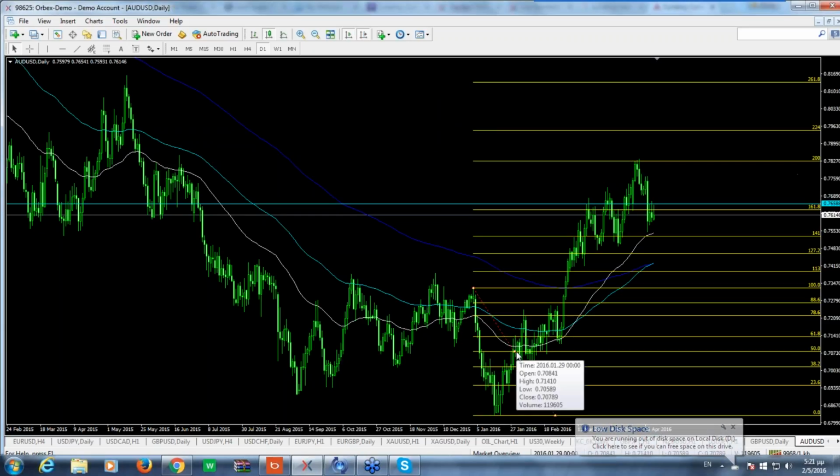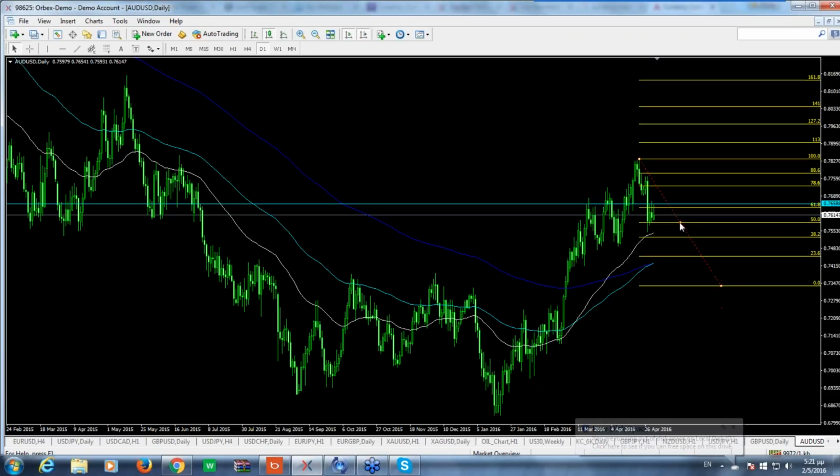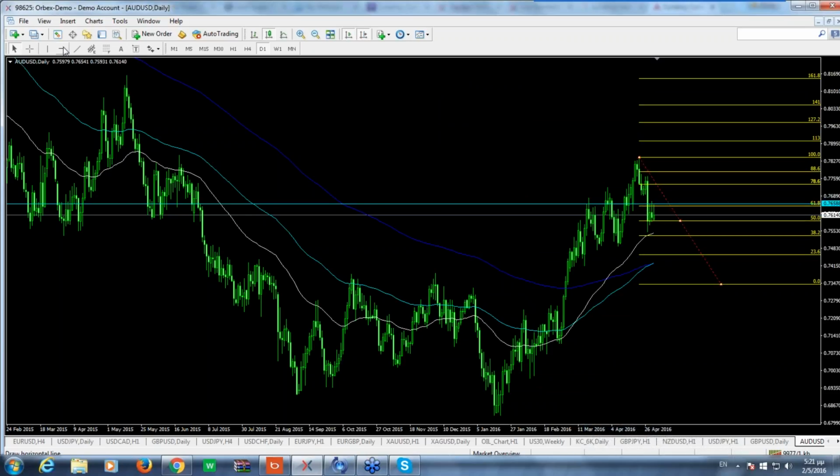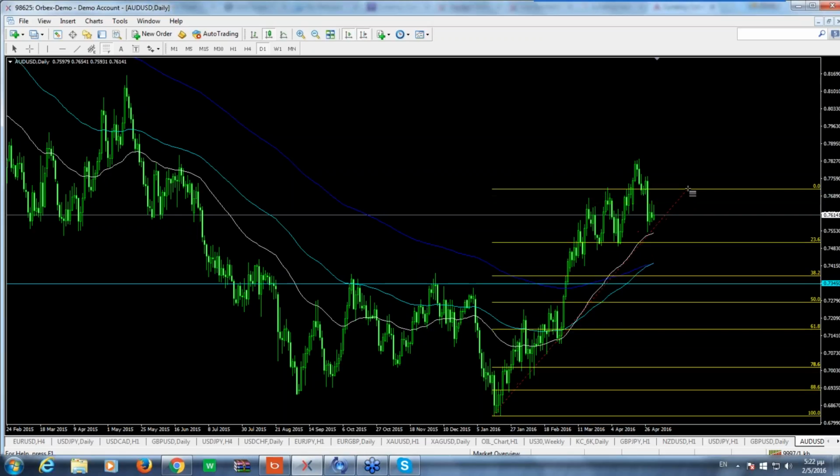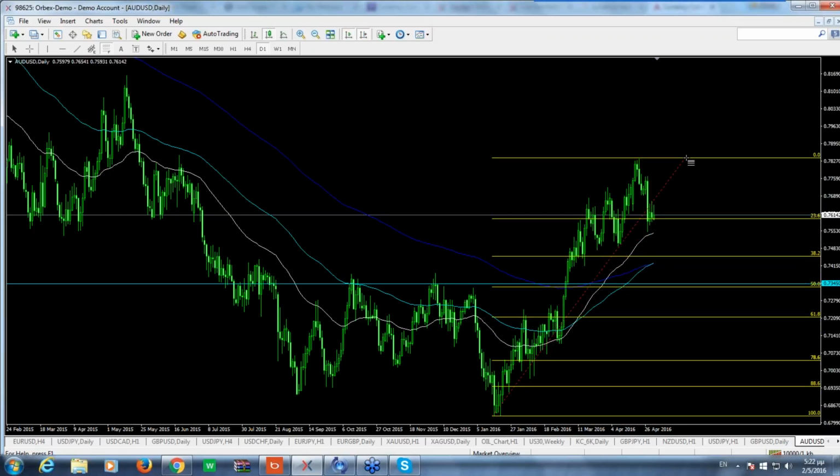If I take that and put it here to make it similar in length, and I mark this here, let's test and see whether or not that line is about 50% of this whole pattern here. Oh, very nice. So that gives me a signal for AUD US dollar for the daily chart.